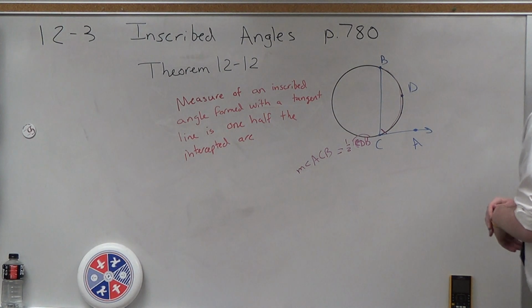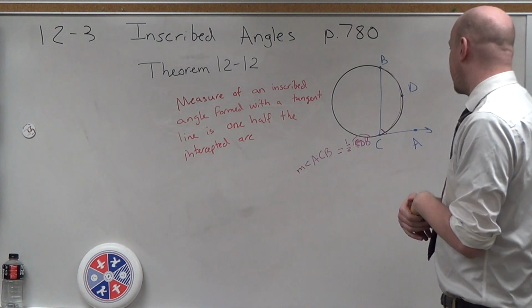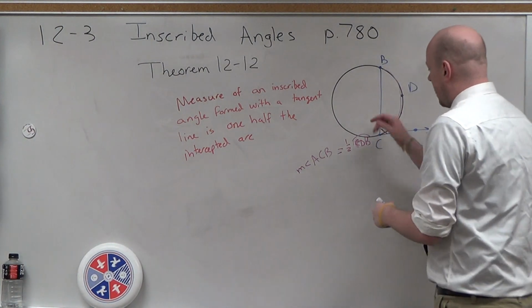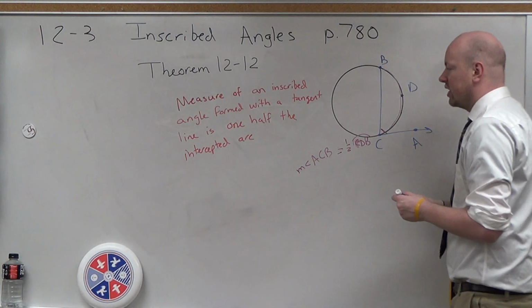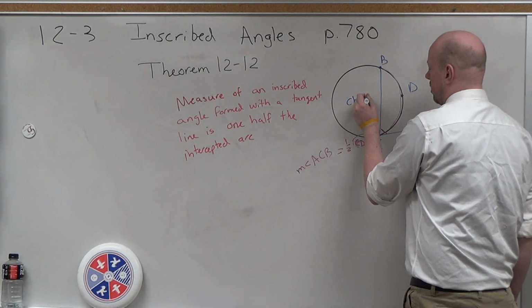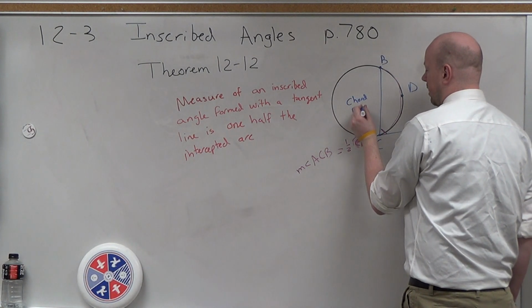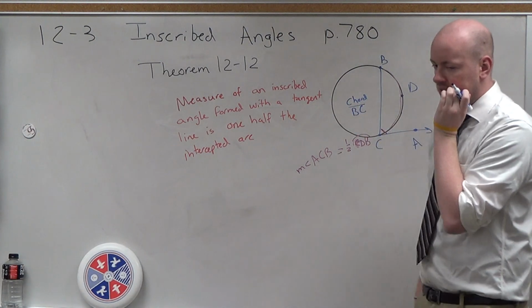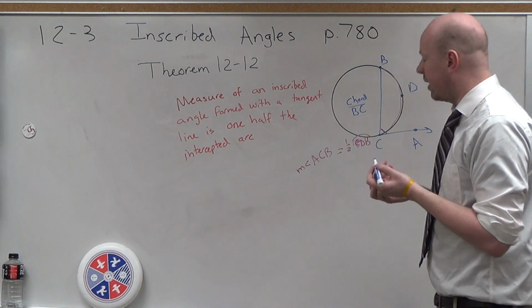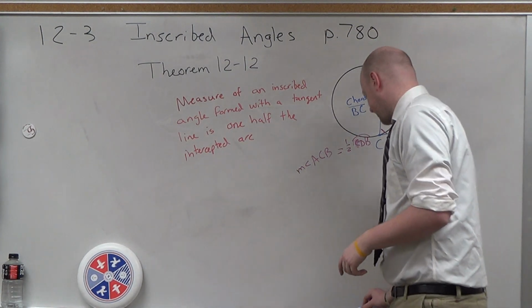But the function is the same. Technically, you could probably call this, instead of an inscribed angle, a chord and a tangent line. So a chord would be BC, as we talked about in our previous section, and then tangent line AC. But the functionality is the same.